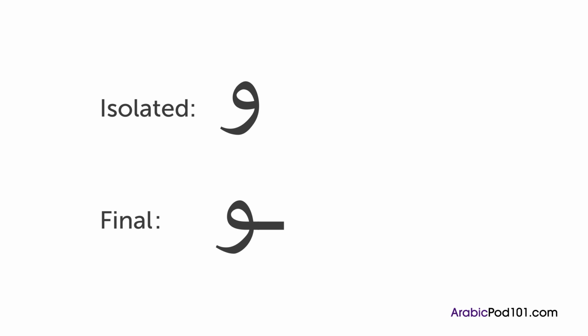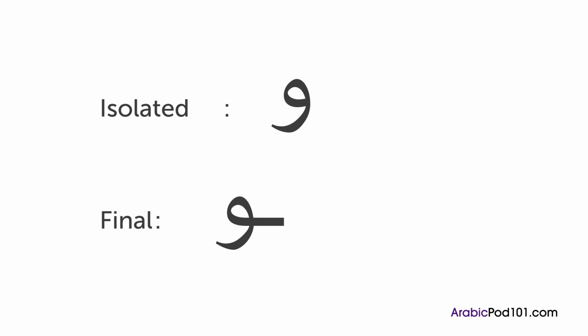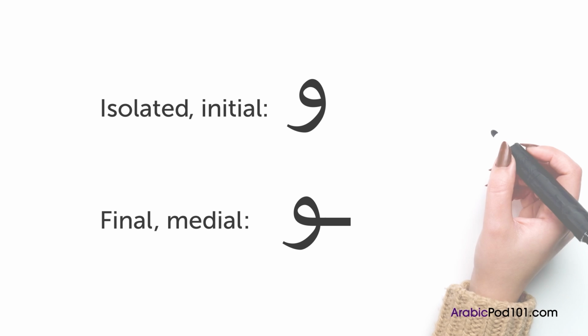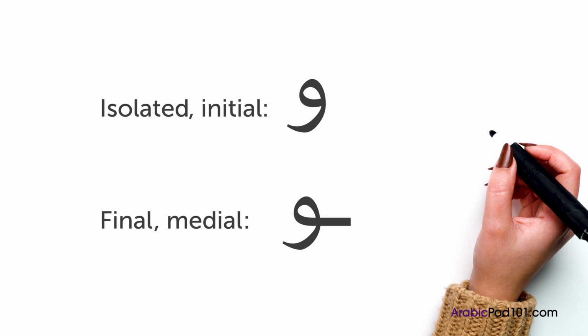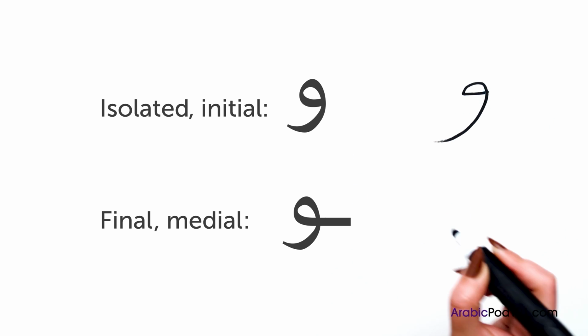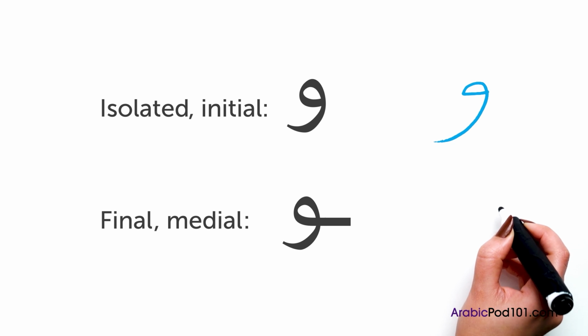Waw only has two forms, just like the Alif, Ra, Zayn, Dal, and Dhal. The initial form is like the isolated form, and the medial form is the same as its final form. Here's how to write isolated, initial form. Medial, final.